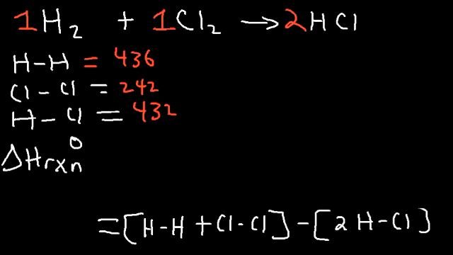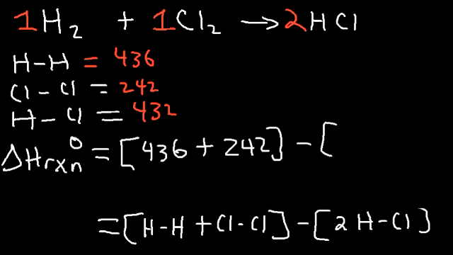So let's do the math. It's 436 for hydrogen, 242 for chlorine, and then minus 2 times 432. To make the math easier, let's write it out.